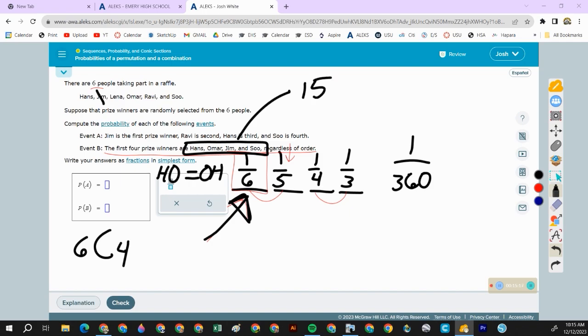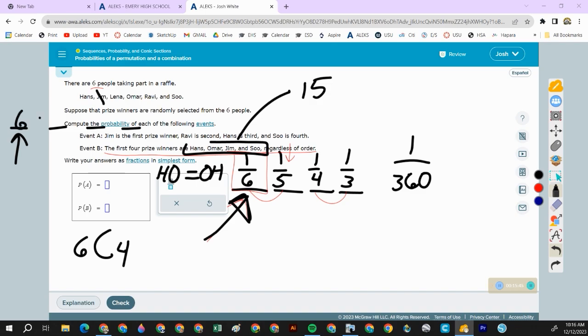So what's the probability? No. There are 15 ways to pick those 4 people. But how many total options are there? Well, how many ways are there to pick person number 1? 6.